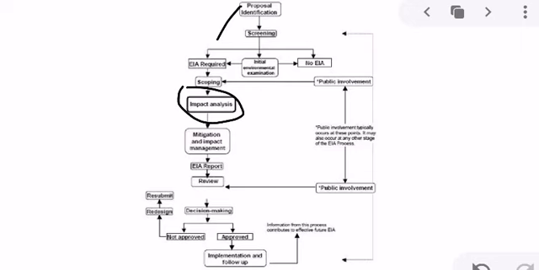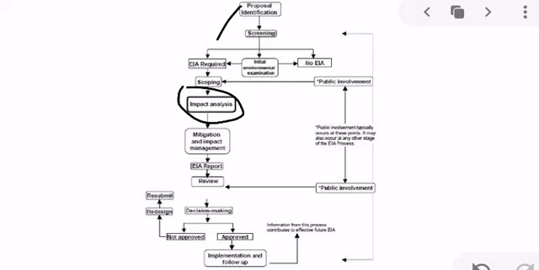By drafting an EIA report, we will review it. So from scoping to review, the public involvement typically occurs. After review, we will get a detailed report, and it is called environmental impact statement.